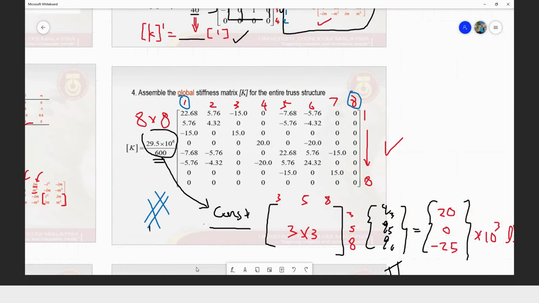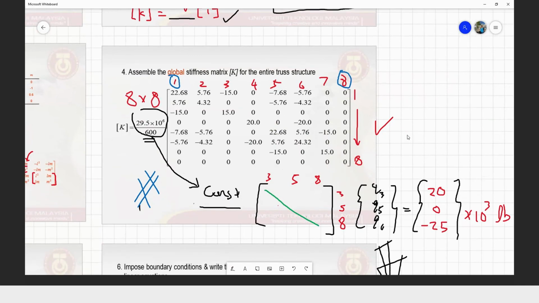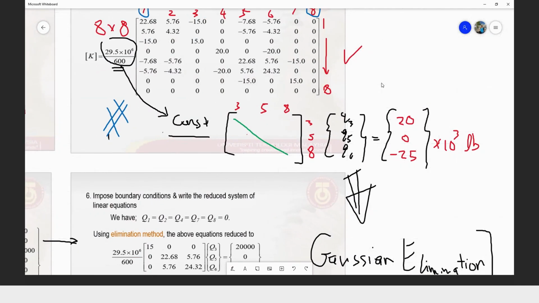Okay. Tapi we have to remember which is for every K elements K matrix yang kita prepare, this matrix should be diagonally symmetry. Okay. Kalau kamu confident yang kamu punya matrix kamu symmetry, kamu boleh further reduce lagi.